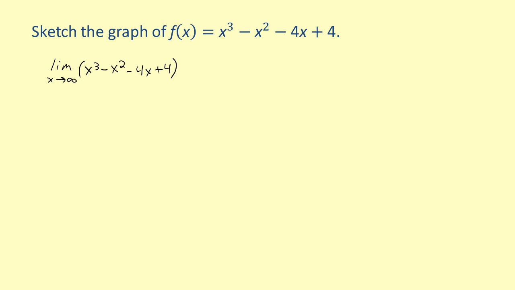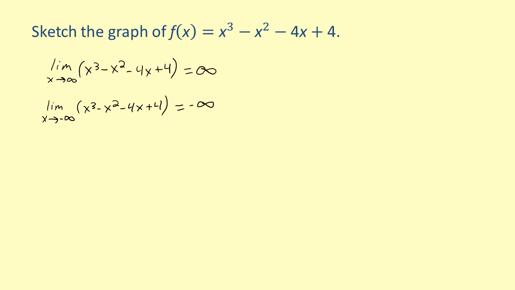As x gets large, the function approaches positive infinity. Now let's find the limit as x approaches negative infinity. As x gets extremely small, the function approaches negative infinity. Since the infinite limits do not approach a finite number, there is no horizontal asymptote.